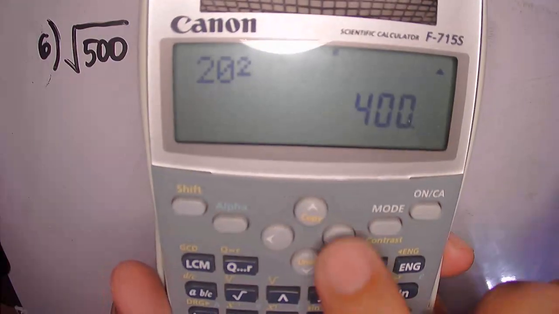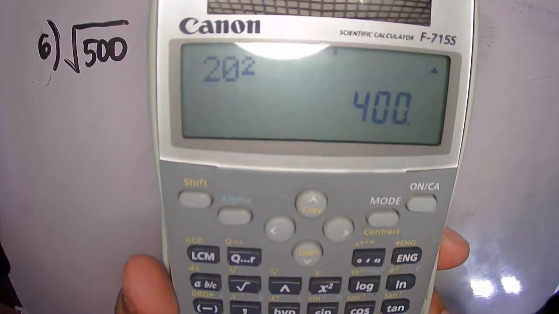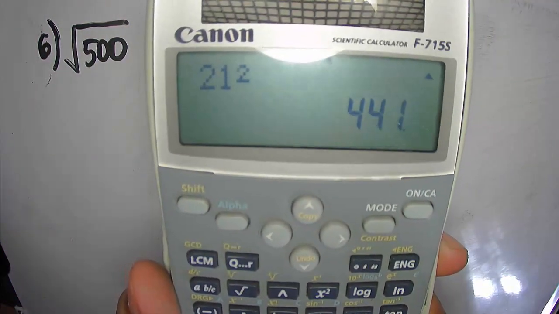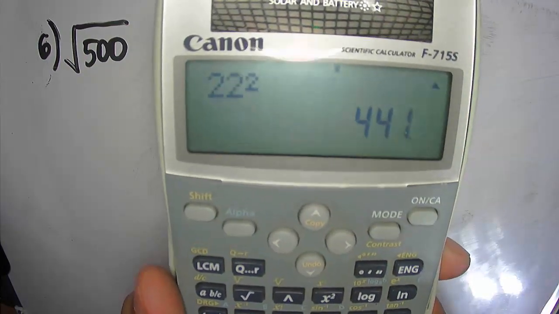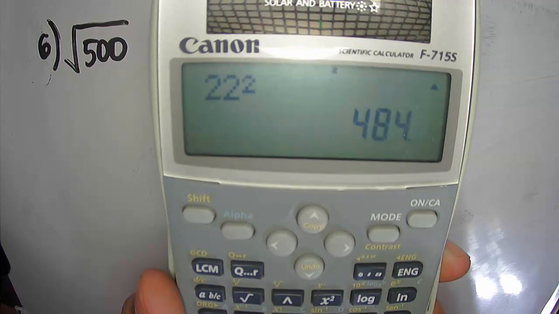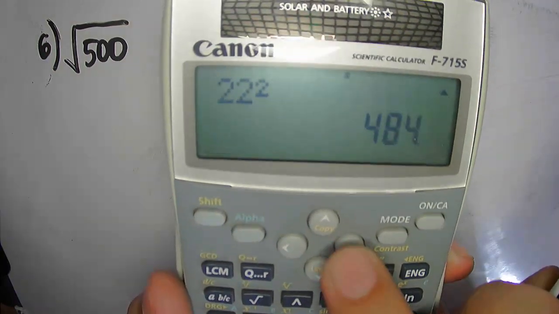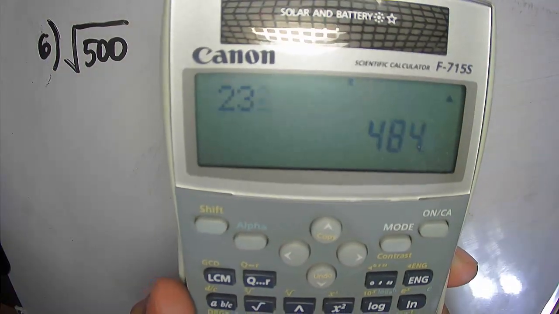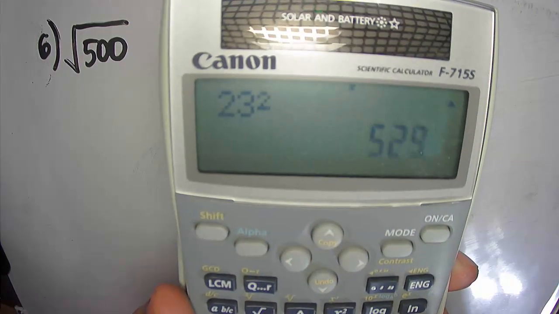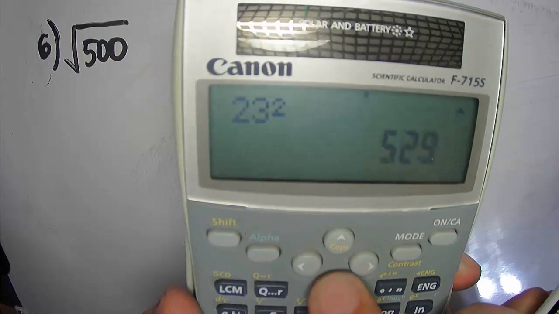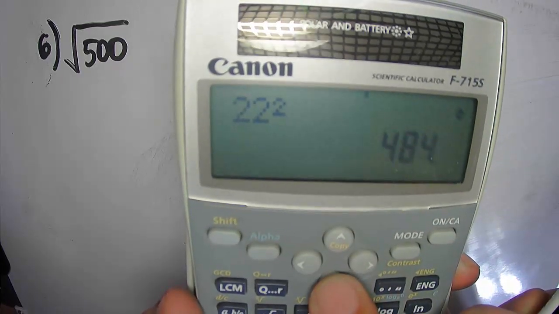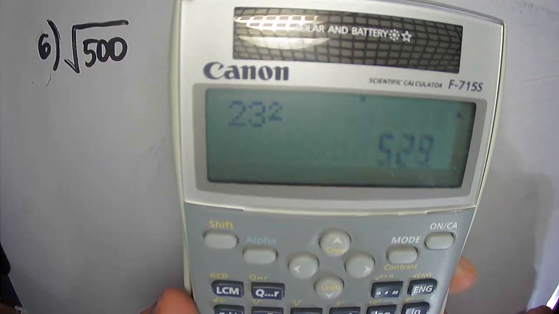Pag ginawa nating 21, so 441. Pag ginawa nating 22, so 484, lumalapit siya. Pag ginawa natin siyang 23 squared, 529. So, ibig sabihin, nasa pagitan siya ng 484 at 529.